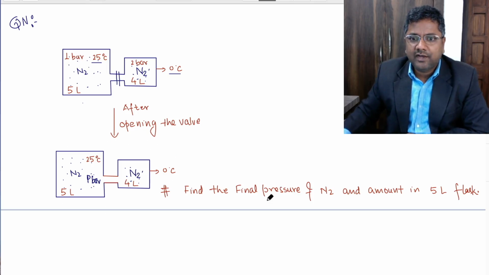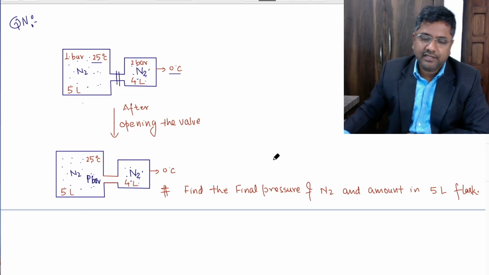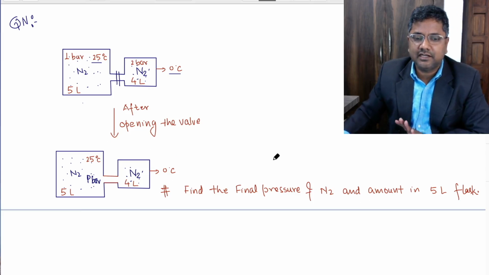So find the final pressure, obviously the final pressure of this whole system, and the amount in terms of moles in the 5 liter flask. So we have to calculate how many moles of nitrogen are present here. We are considering this region negligible, right? There is no gas there and no moles of gas there.